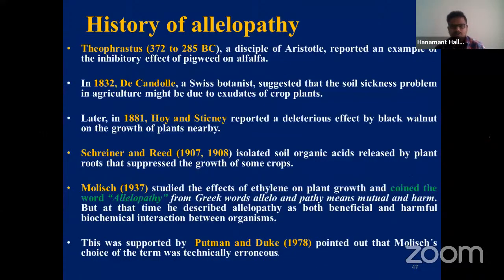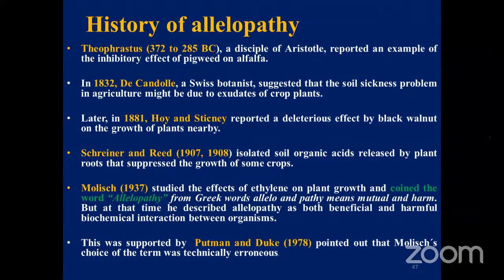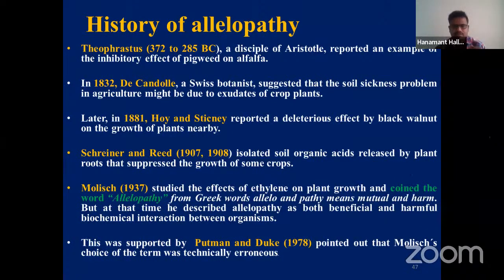Allelopathy may be a positive and negative effect both, but some people say that allelopathy is mainly a negative effect. In actual meaning, allelopathy means just the effect of one plant over another plant by releasing some chemicals, but generally people understand allelopathy to mean a negative effect.